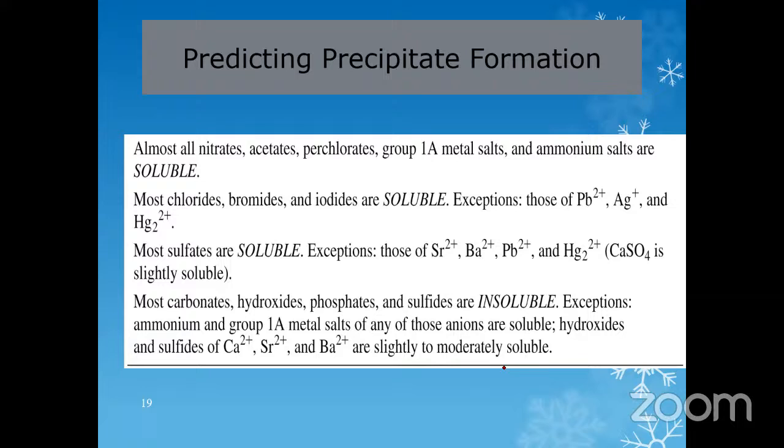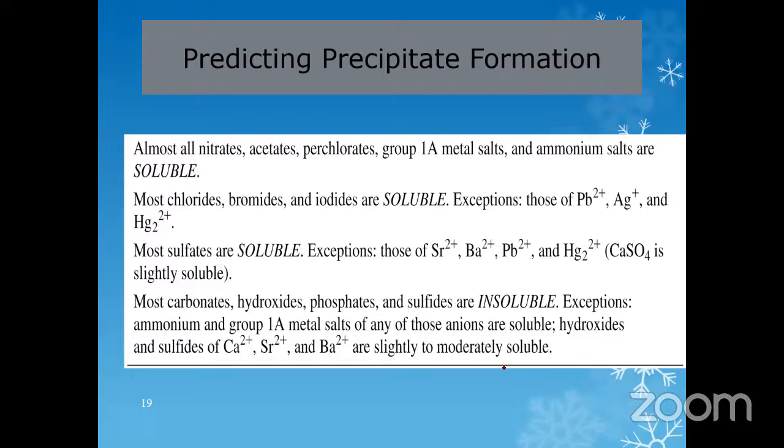So just to highlight a couple of parts of this particular chart, the first line says almost all nitrates, acetates, perchlorates, group 1A metals, and ammonium salts are soluble. So any compound that fits the descriptions in that line will dissolve in water. The next line says most chlorides, bromides, and iodides are soluble, but there are certain exceptions: those of lead 2+, silver +, and mercury 2,2+.